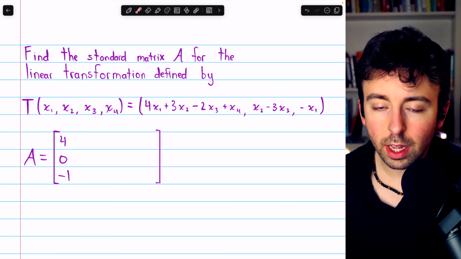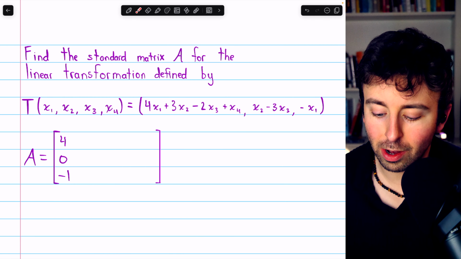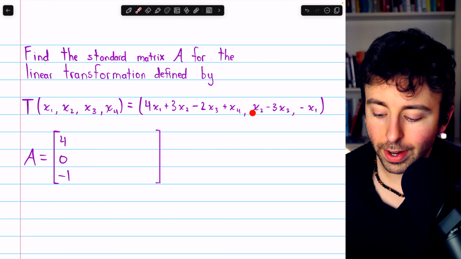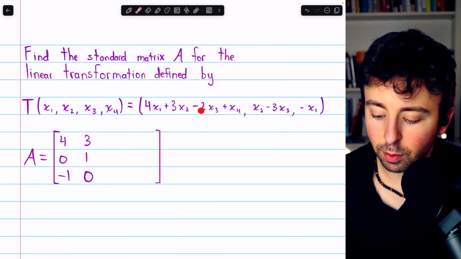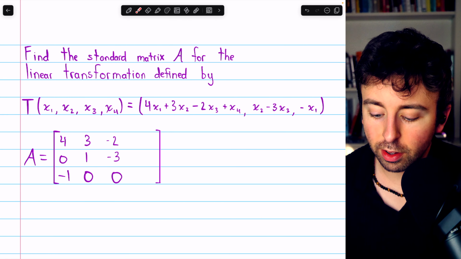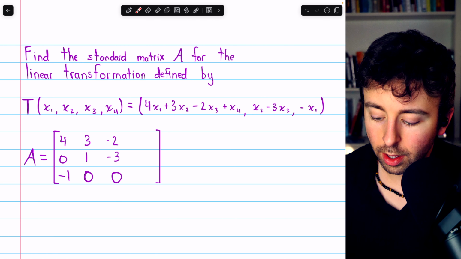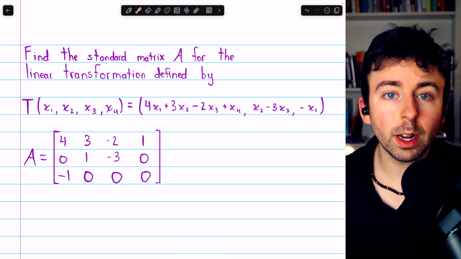For column 2, we look at the coefficients of x2 in the transformation equation. So 3, 1, 0. For the third column, we look at the coefficients of x3. Negative 2, negative 3, 0. Finally, for the last column, we look at the coefficients of x4. 1, 0, 0. And that is the standard matrix for this transformation.